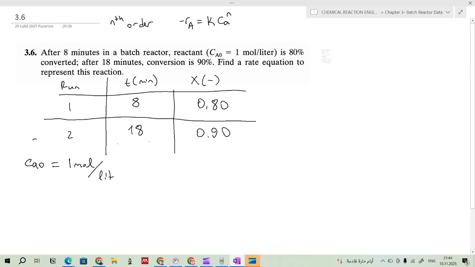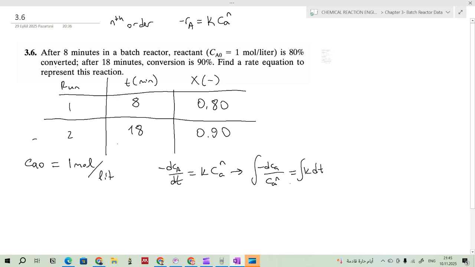First of all, it's a batch reactor, so we can use the general equation of the batch reactor. So it is k times Ca to the power of n, the reaction order. Then we will separate the variables, so we will bring Ca down. Ca to the power n is equal to k dt.